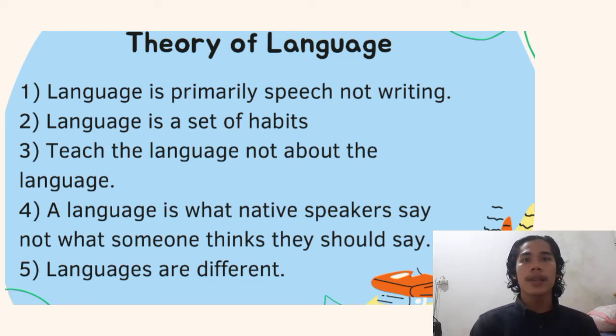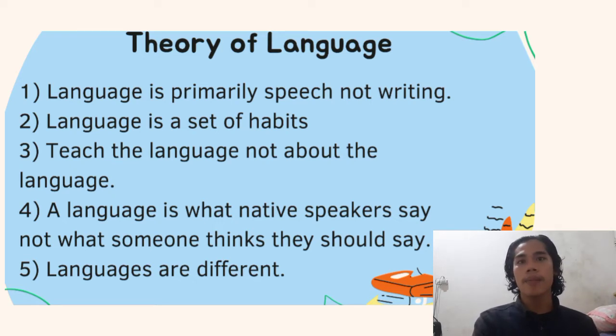Okay, the next is the characteristics of ALM. Some characteristics of this method are: the first is drills are used to teach structural patterns. Second, set phrases are memorized with a focus on intonation.